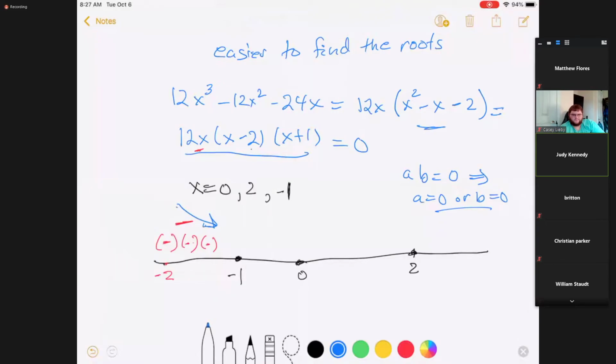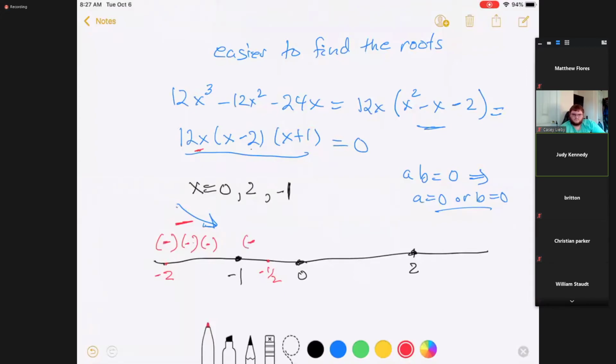Okay. What happens between minus 1 and 0? Well, I'm just going to pick a number in between. How about minus 0.5? All I want to know is positive or negative for the derivative. At minus 0.5, 12x would be negative.